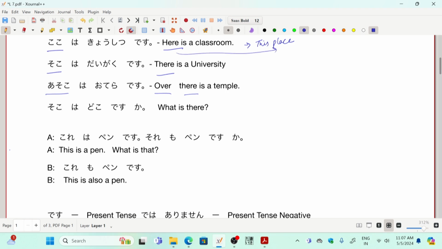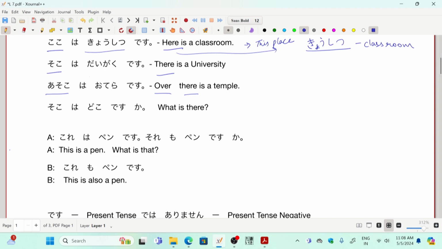Koko wa kyoshitsu desu. Kyoshitsu has combined sounds. Kyo, ki, yo, long sound. Then shitsu. Kyoshitsu is classroom. Koko wa kyoshitsu desu. Here is a classroom, or this place is a classroom.